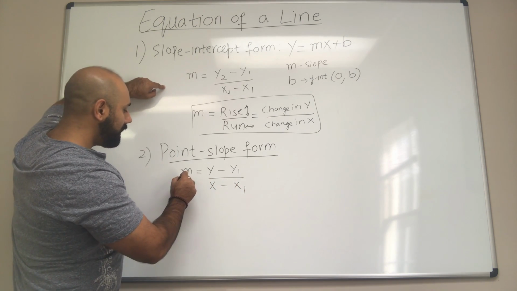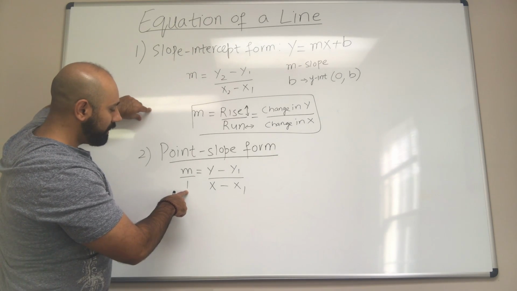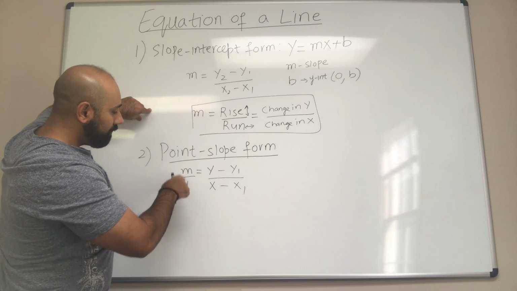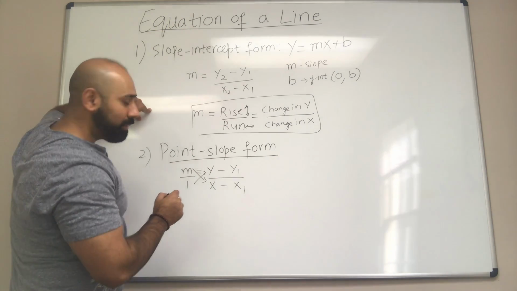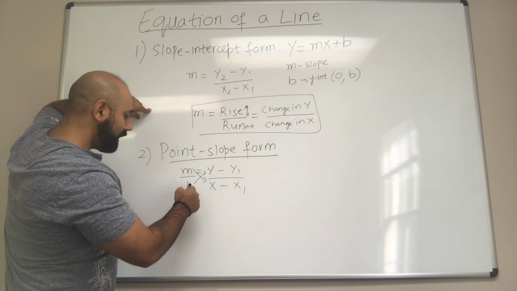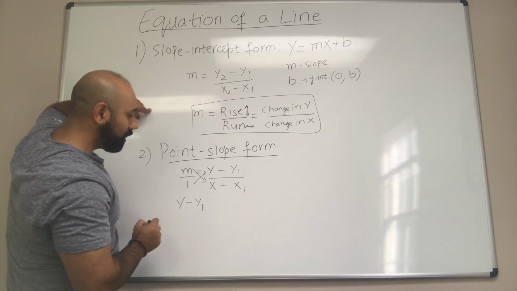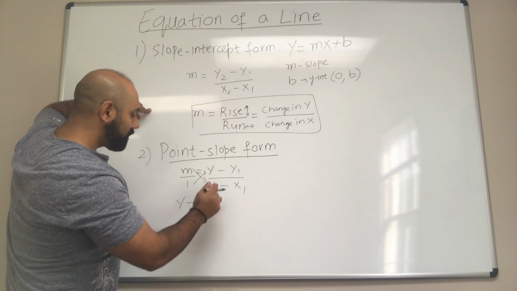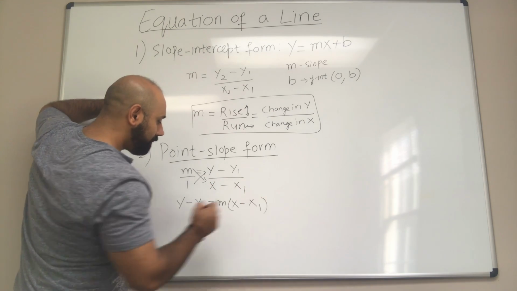And there is an invisible 1 in the denominator here, so we are going to put it right here. Now if you have these two ratios and we cross multiply, this times this, 1 times this is going to be just y minus y1, that's not going to change. And this is going to be m times x minus x1.